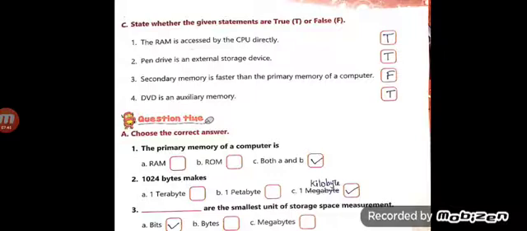See students, here you need to make some changes. In the book it is given 1 megabyte. Cancel the megabyte and write kilobyte instead of that because the right answer will be kilobyte, 1 KB. Third one. Dash are the smallest unit of storage space measurement. The answer will be bits. The smallest unit is bit.